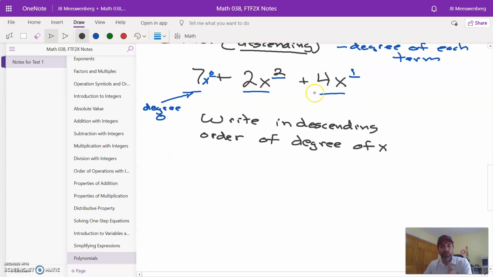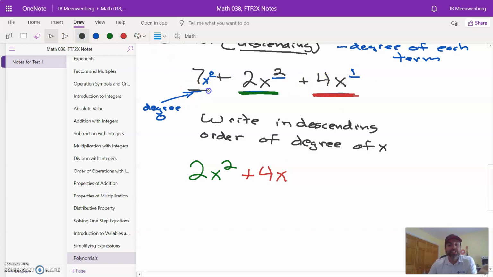So we look at those three terms. We say, which one has the highest degree? Well, it's the degree 2 term. It's got a plus in front of it, so it's positive. So I'm going to write positive 2x squared as my very first term. And then I look at the others. I say, well, the next one would be the 4x, because it's to the first. It's plus 4x, so I write plus 4x. I don't need to write to the first. That was just there for me to know that it's there. And then my last one is the 7.